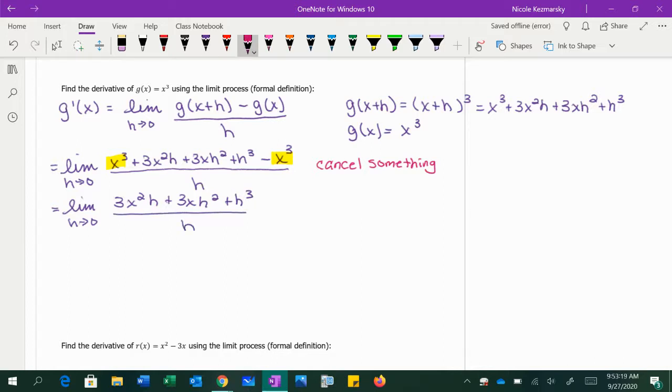If you look at all those terms in the top, they all have an h, so we're going to factor out h. If I factor out an h, I get the limit as h approaches 0. I'm going to pull the h out and get 3x squared plus 3xh plus h squared over h.